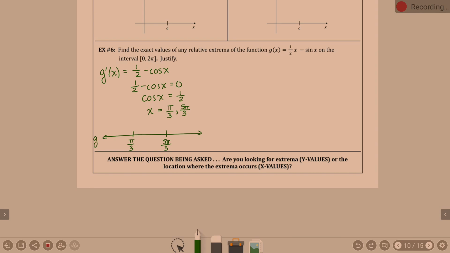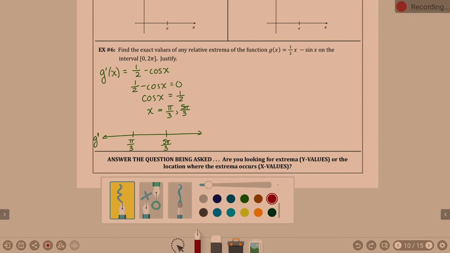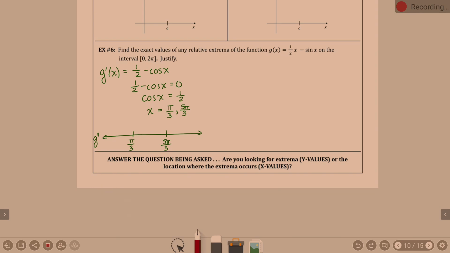We are looking at the derivative here, because remember, we want to know where the derivative is positive or negative. We don't have a nice factored form here. You just have 1/2 minus cosine x. And so you're basically just going to have to, I don't know, kind of guesstimate, but do the math to an extent.